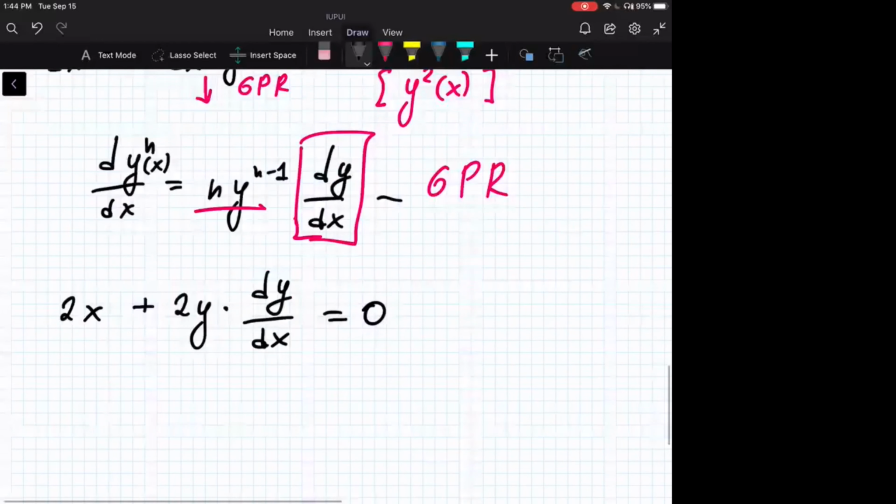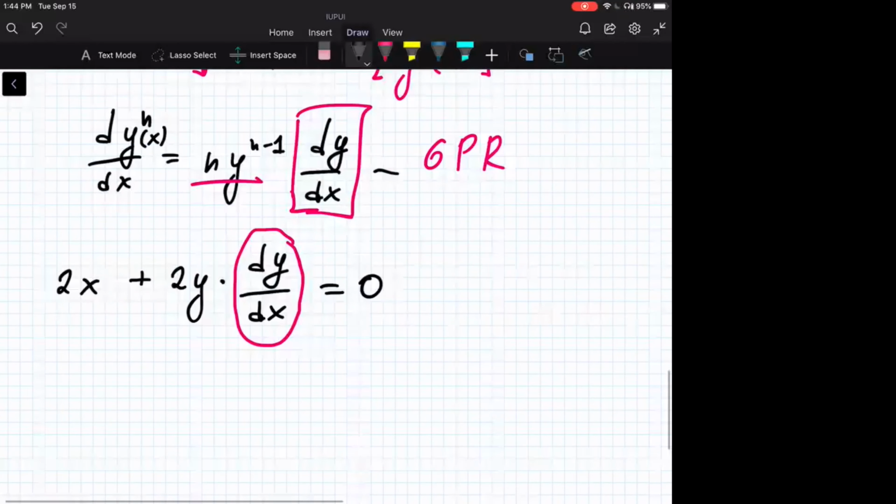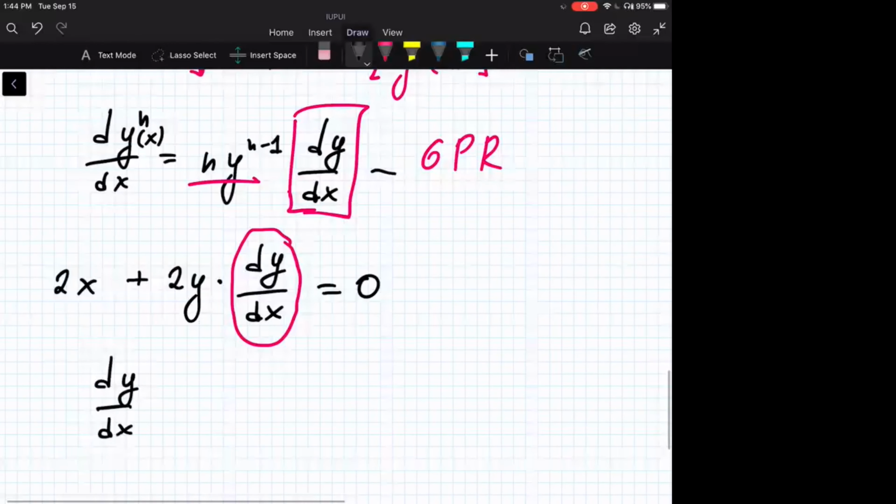And so what did I get? I got an equation where what I need to find is my derivative. And so I can express it. So dy over dx will be, I can put 2x on the right hand side and get minus 2x.